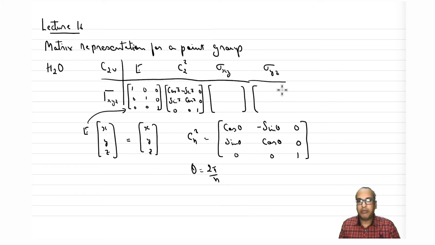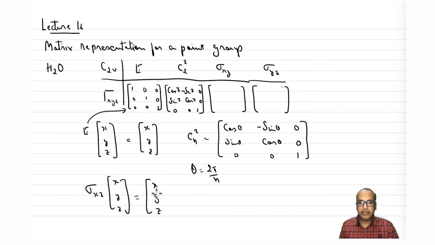Now let us see what happens to sigma xz and sigma yz. That also we have seen: sigma xz means only y goes to negative. So if I am doing this operation sigma xz onto x y z, x will remain as x, y goes to minus y, z remains as z, right? So I can say that this is 1 0 0; 0 minus 1 0; 0 0 1.